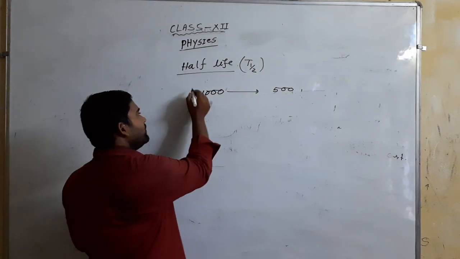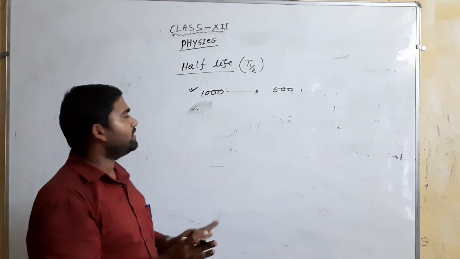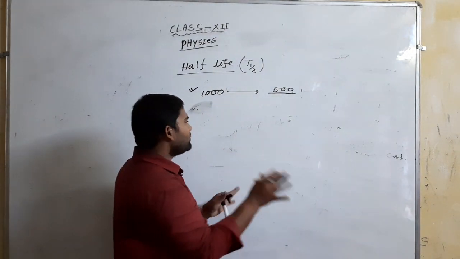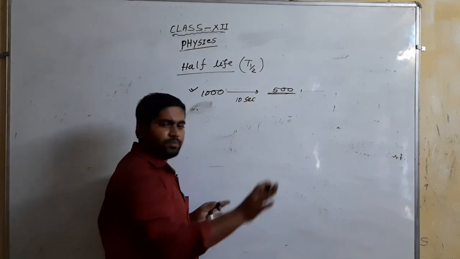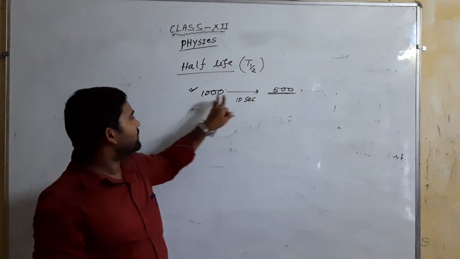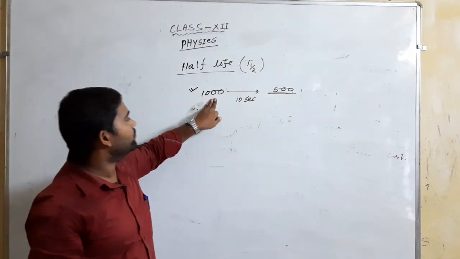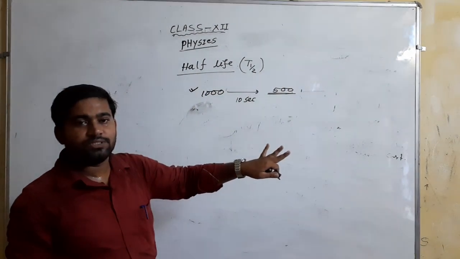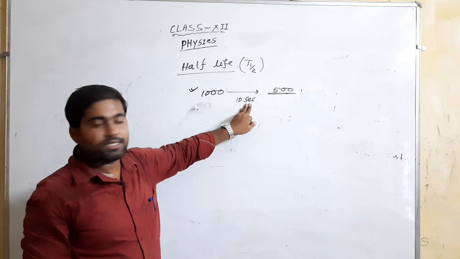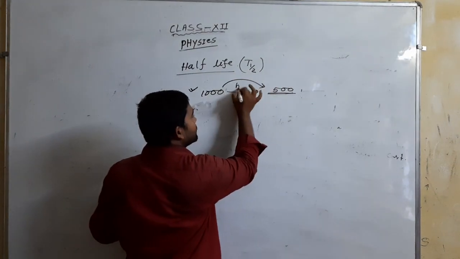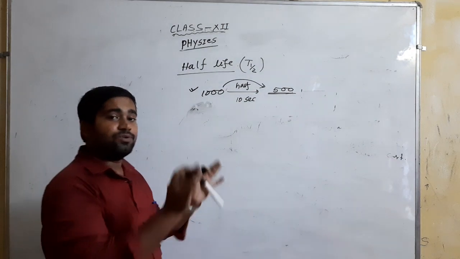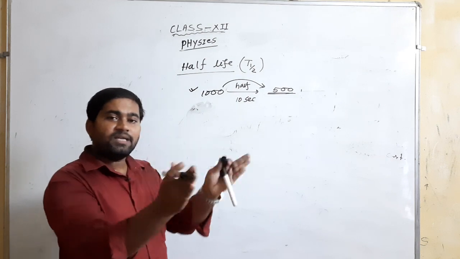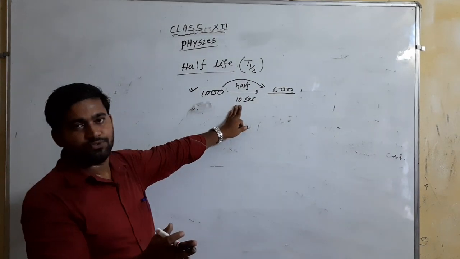That means if the initial sample inside the nucleus is 1000 and it reduces to 500 in, suppose, 10 seconds, the reduction is half. From 1000 it reduces to 500, and during this process the time interval is known as half-life.